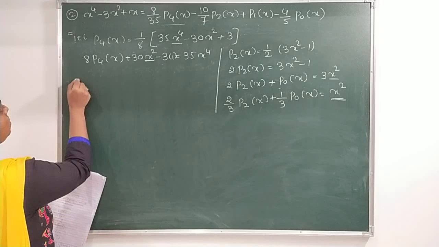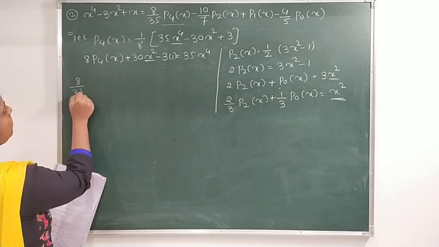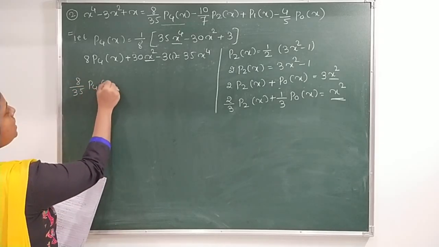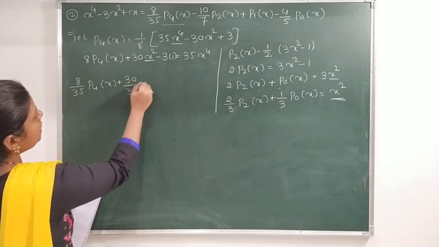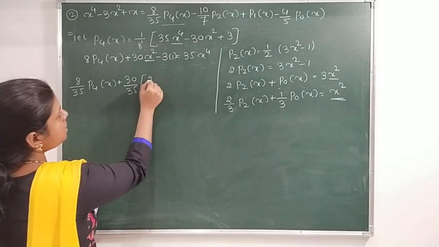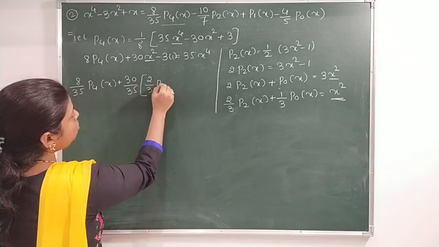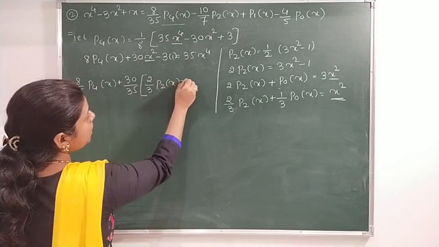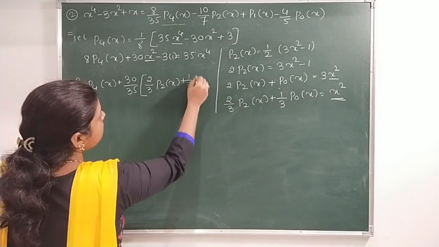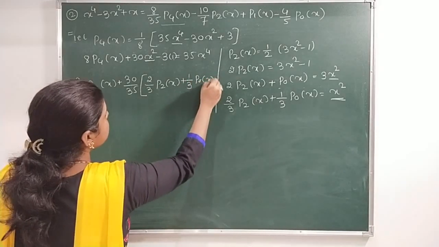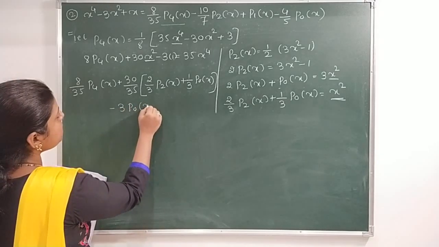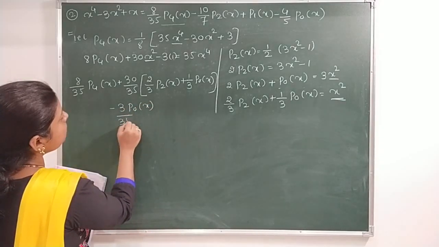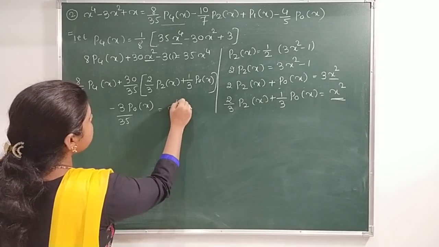Now here you have to write 8 by 35 P4 of x plus 30 divided by 35. Replace x square as 2 by 3 P2 of x plus 1 by 3 P0 of x, minus 3 P0 of x divided by 35, is equal to the x4 term.